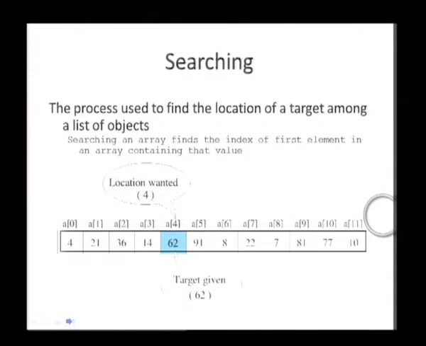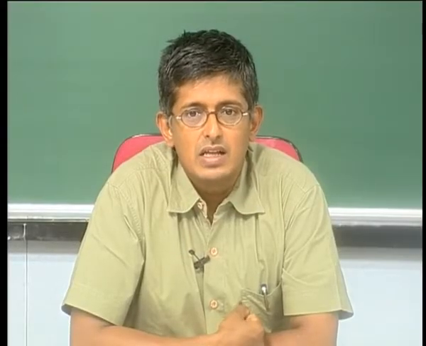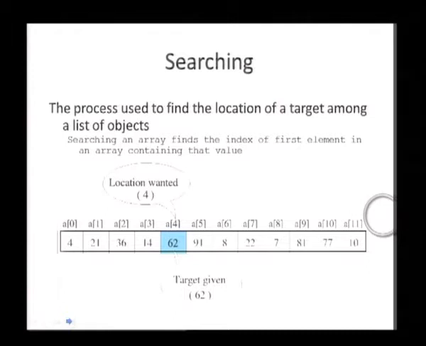So if you look at the question of searching, searching is a process that is used to find the location of a given key or a target among a list of objects. So when you search an array, the search algorithm is expected to return the first element in the array that contains the given key.